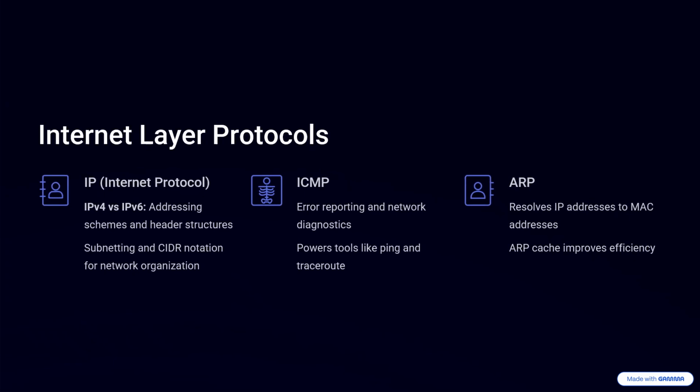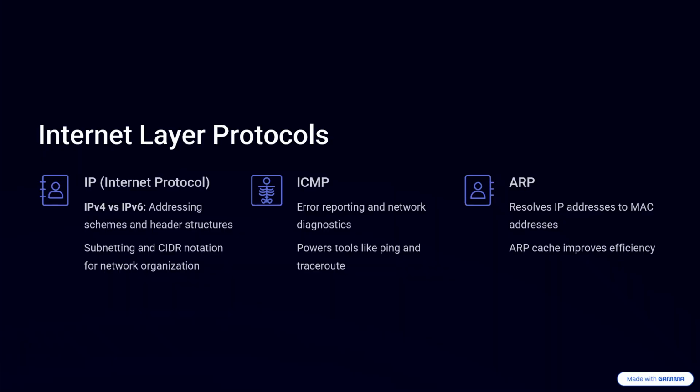Coming on to the internet layer protocols. The internet layer includes key protocols like IP, which stands for Internet Protocol, ICMP, which stands for Internet Control Messaging Protocol, and ARP, Address Resolution Protocol. IP handles addressing and routing. It determines how the packets, that is the data chunks, will travel across the networks.